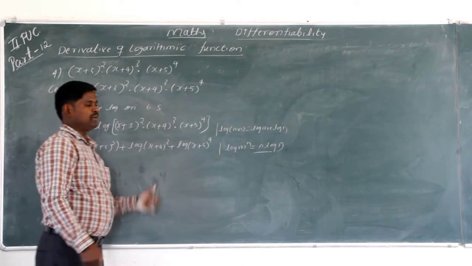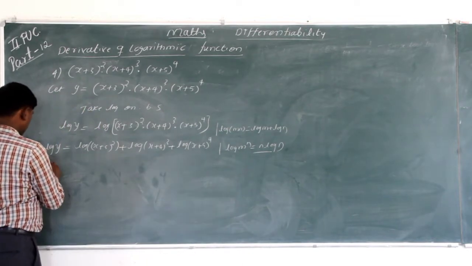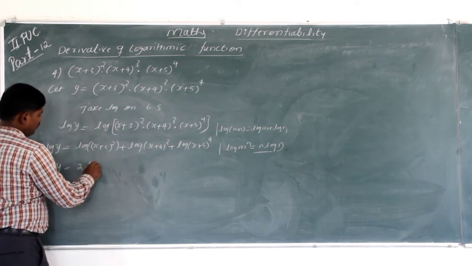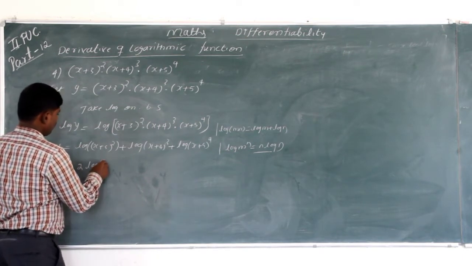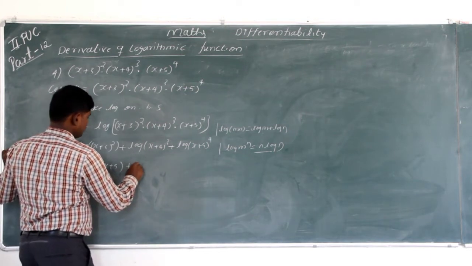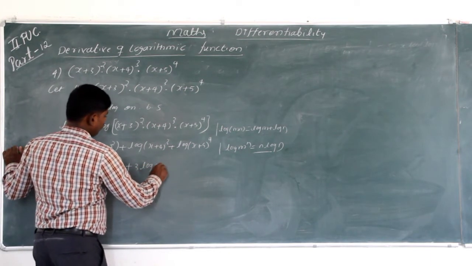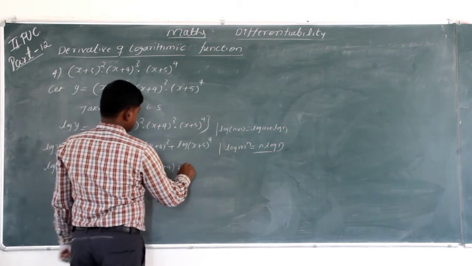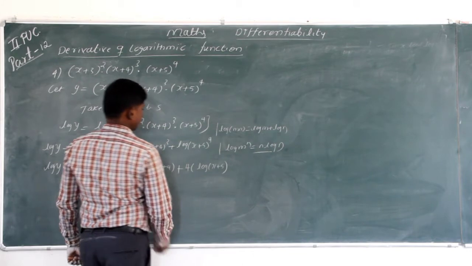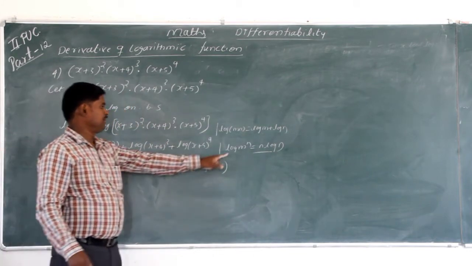So by using this property, log y is equal to 2 into log of x plus 3 plus 3 into log of x plus 4 plus 4 into log of x plus 5. Okay.